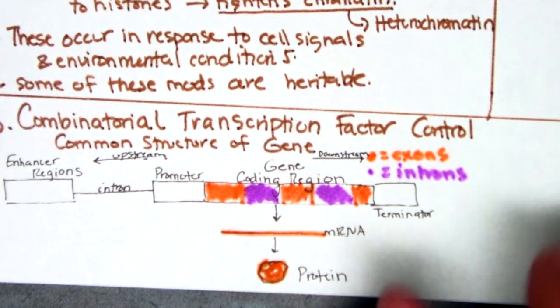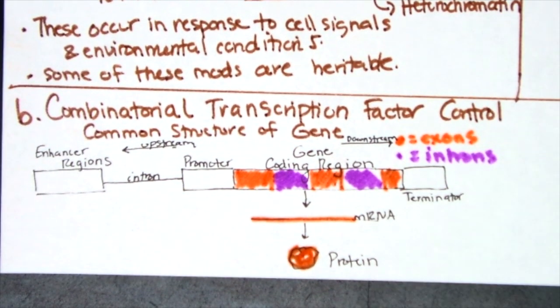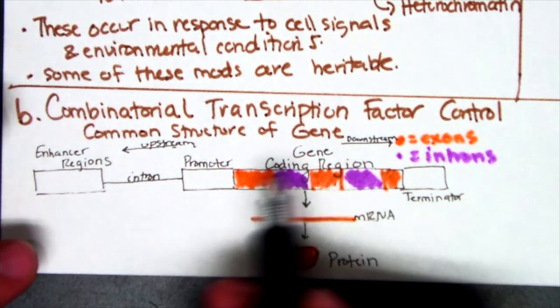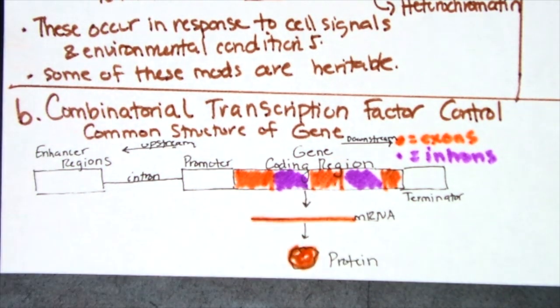What we need to know here is that our promoter is where RNA polymerase attaches, right?